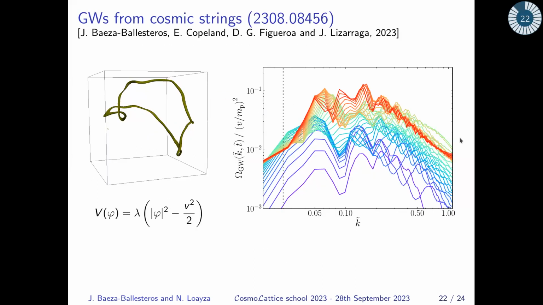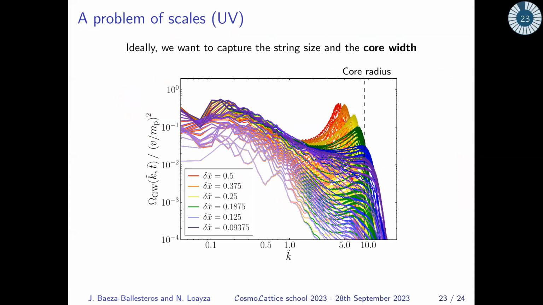In this figure, I'm mainly focusing on the infrared part of the spectrum, because that is the one that contains the most information. But you can also go to the ultraviolet. As you can see, the infrared coverage for these simulations was not good enough, so we didn't see the decay.